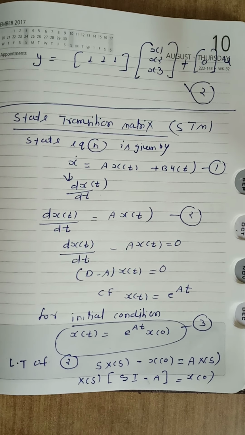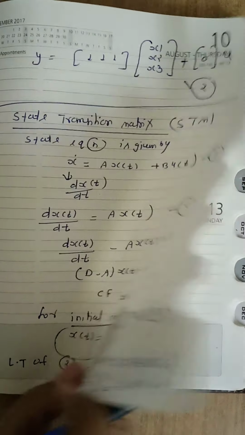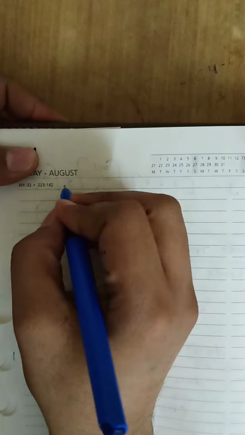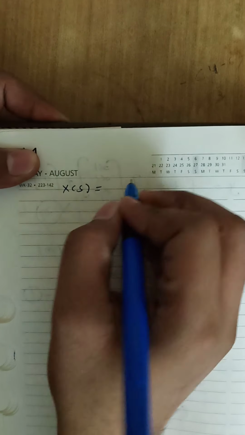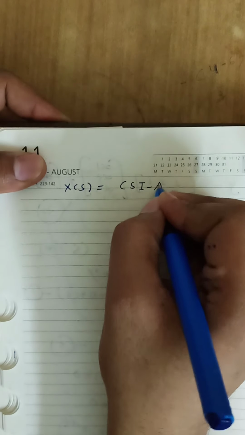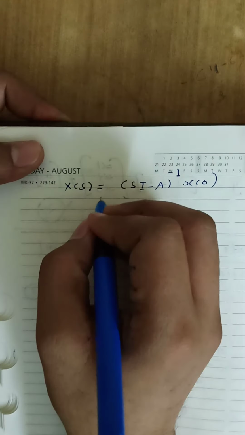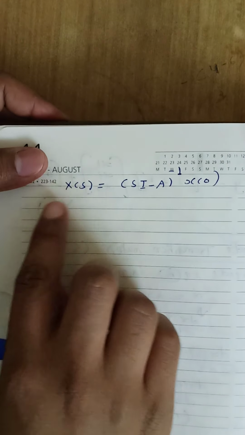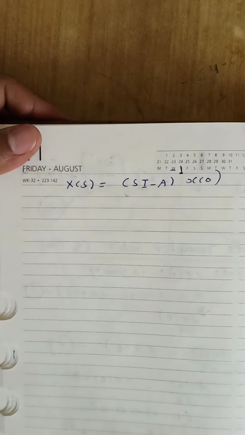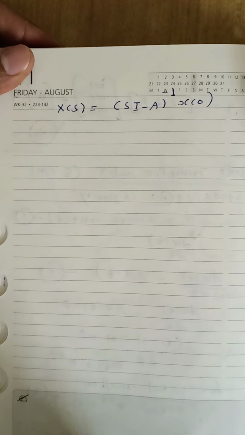So we have X(s) equal to (sI minus A) inverse x of 0. This is an equation in s domain, but we are interested in calculating the signal in time domain.